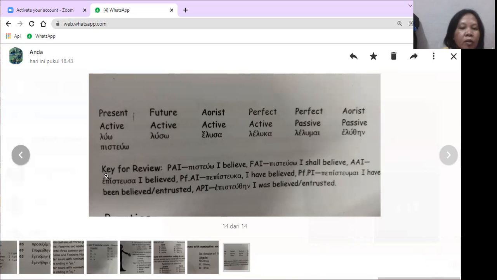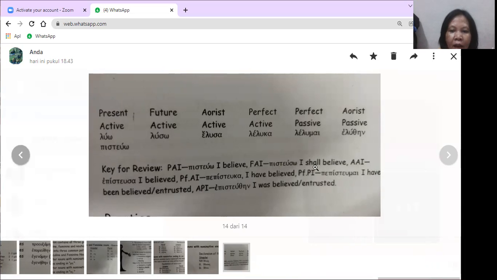The key for review, for example, present active of pisteuo. Pisteuo, the meaning is, I believe. In future active indicative, it becomes pisteuso, with the ending so.